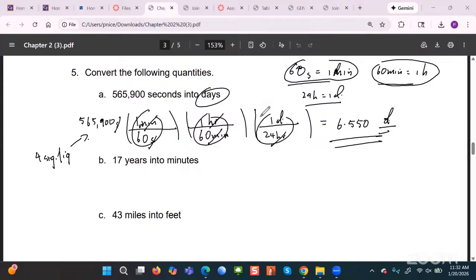And there are 2 types of exact numbers. You have numbers by definition, which is what we have here, right? There's a defined relationship between the minute unit and the second unit, the hour unit and the minute unit, the day unit and the hour unit, right? Those are by definition. So therefore, because those are numbers obtained by definition, those are exact numbers. The other type of exact numbers are numbers obtained by counting, right?